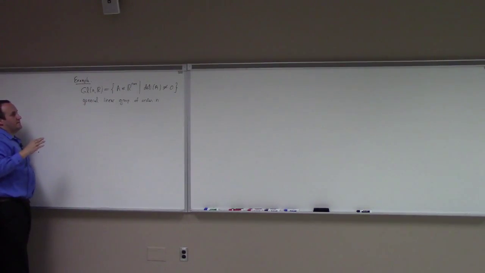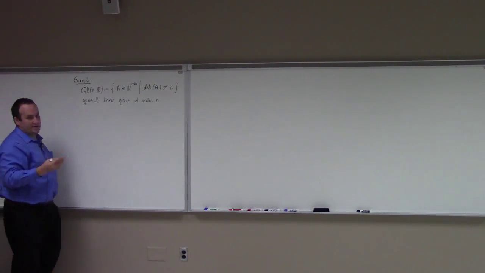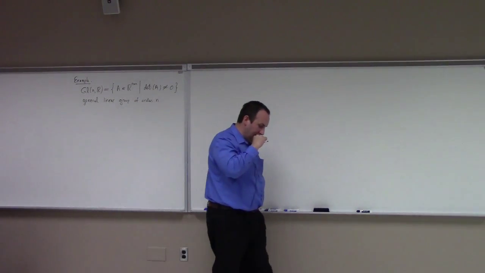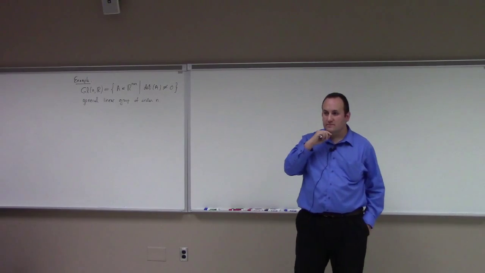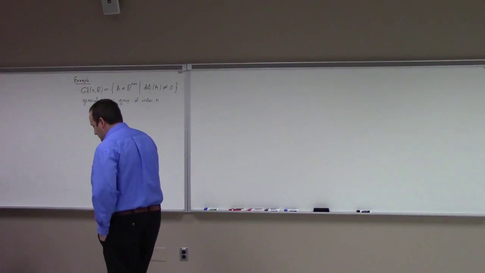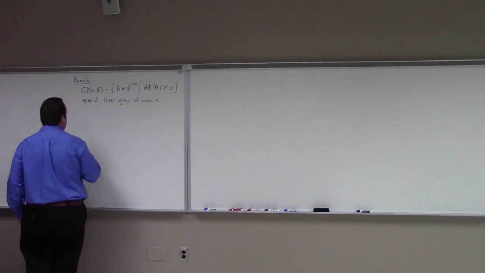Now, I want to show you how we can argue that it is in fact an open set. This is an open set in the space of n by n matrices, where the notion of open is defined by the Frobenius norm.